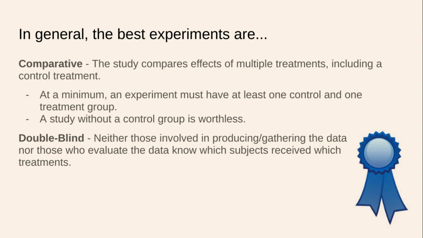Double-blind means neither those who are involved in producing or gathering the data, those who I said have boots on the ground, as it were, actively involved in the gathering or producing of information, nor those who evaluate the data, like, say, taste testers or judges or physicians, seeing if the dog food we've mentioned in the last couple of lessons is okay or whether it's still contaminated, know which subjects received which treatments. If we double blind, we minimize our possibility for bias.